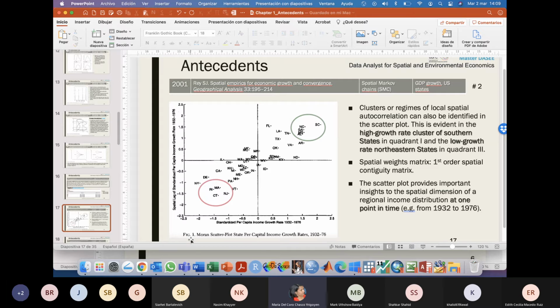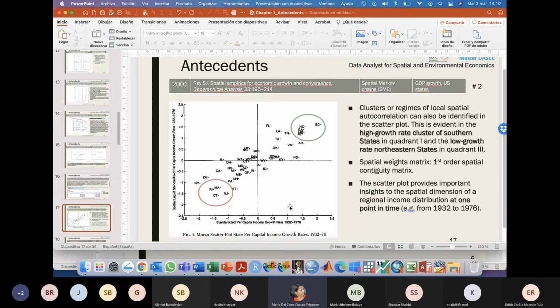And the same for the low quadrant. We can find a low growth rate group of regions in quadrant 3. So this is quadrant 1, the 2, the 3, and the 4. Okay, so in quadrant 3, which are they? They are the northeastern states. So the northeastern states of the country were the ones that grew at a lower pace than the average of the country, and were surrounded by neighbors that also grew at a lower pace or lower speed on average.